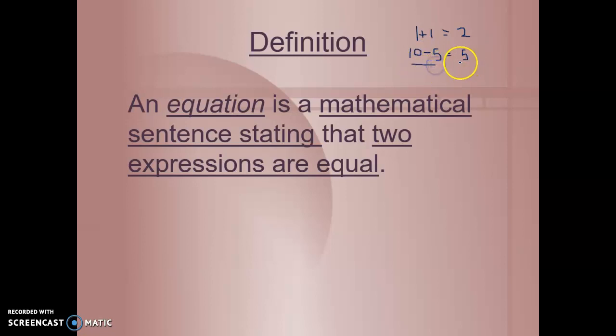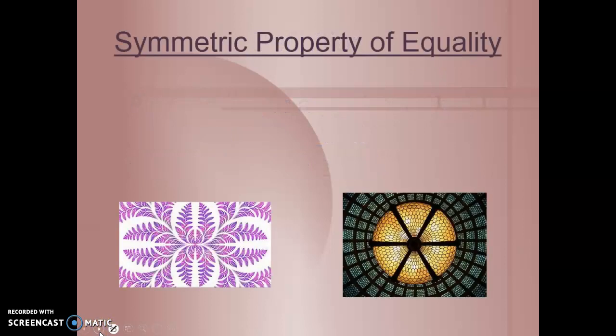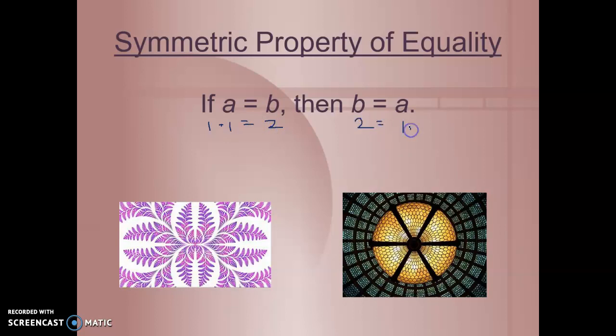Each of these is called an expression, and the equal sign between the two of them tells us that they are equal, or equates them. That's where we get that word equation. There is a symmetric property of equality with equations. Whatever is on one side has to equal what's on the other side. So if A equals B, then B equals A. If 1 plus 1 is the same thing as 2, then 2 is the same thing as 1 plus 1.